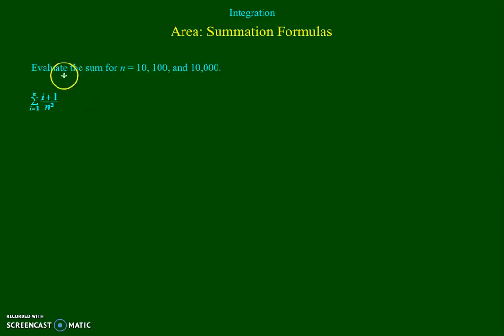In this problem, we need to evaluate this sum for n equals 10, 100, and 10,000. Now, we're not going to obviously go through and insert every term for 10 times, 100 times, and 10,000 times. We're going to use our formulas to develop expressions that allow us to just plug in numbers and solve for these sums.